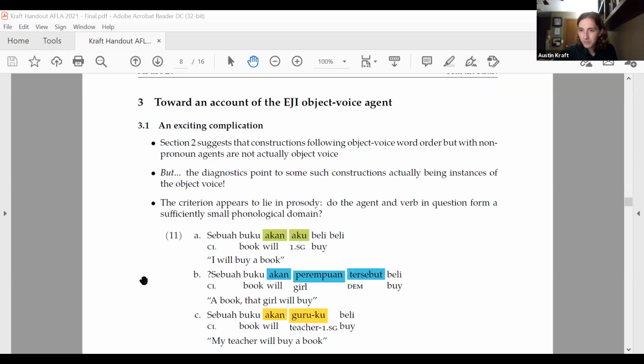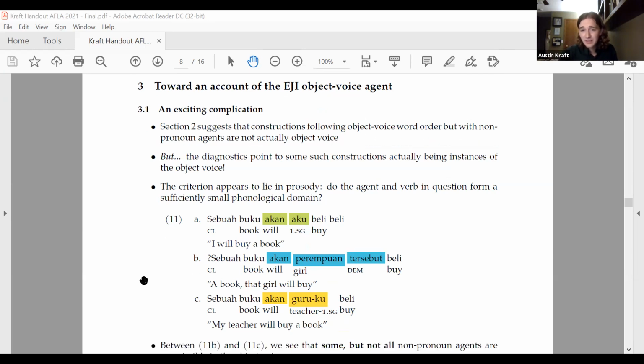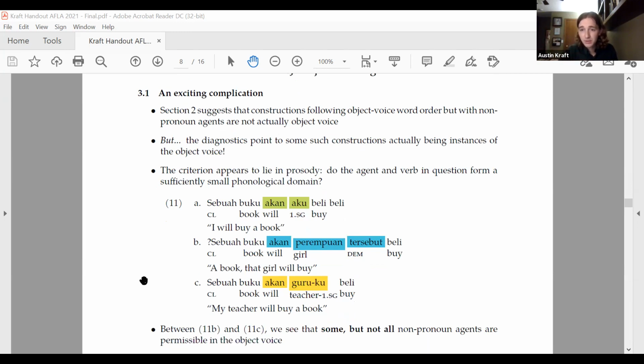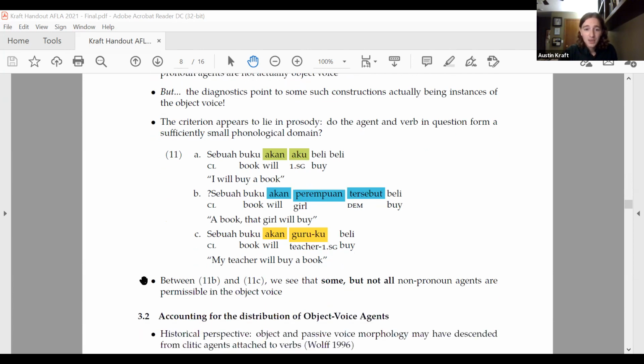And so we run into problems if we say that sentences like 11B would be derived by active voice topicalization. In a sentence like 11C, if we say it's derived by active voice topicalization, it is much more difficult to reconcile the acceptability of something that's not supposed to be topicalizable. And so we're seeing that some, but not all, non-pronoun agents appear to be permissible in the object voice.